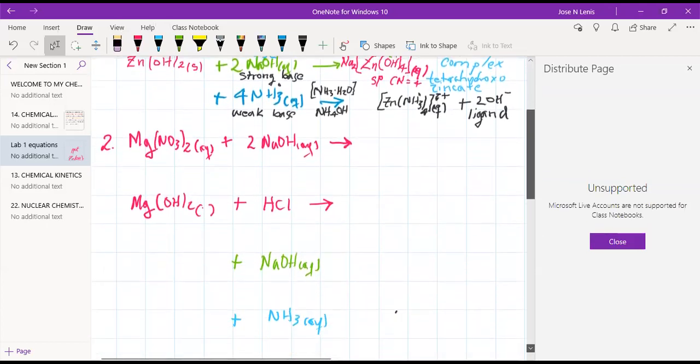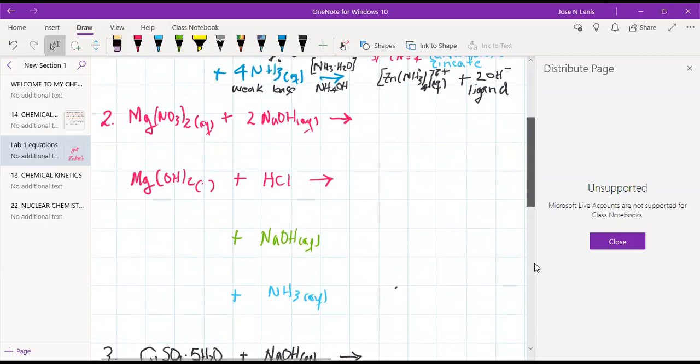The next one is the reaction of magnesium compounds. What is the position of magnesium in the periodic table? Magnesium belongs to group 2 of the periodic table, so it belongs to the s block, and we call this a representative element.